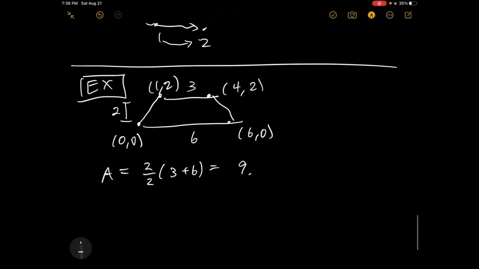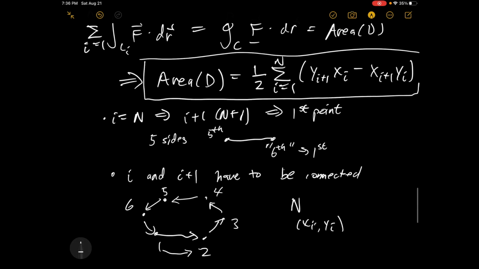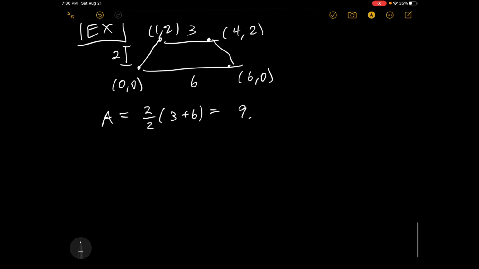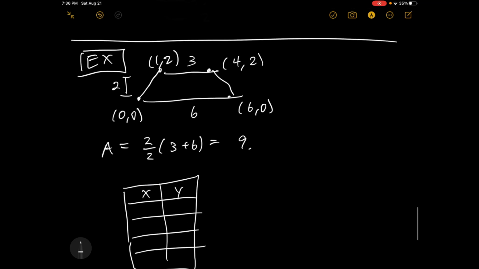But let's say that you didn't know the area of the trapezoid, but you somehow knew that the area was this. So in order to make this work, here's my best suggestion, is that you create a table. And you pick a point that you like to start. It could be any point, but you have to go in counterclockwise consecutive order.